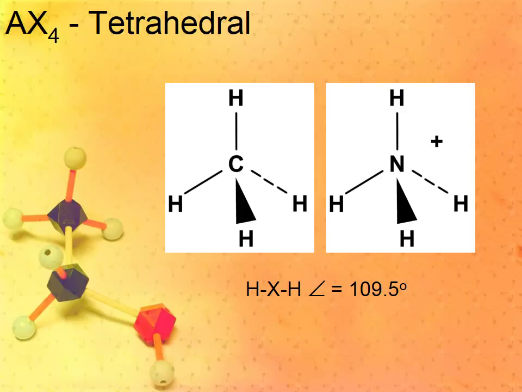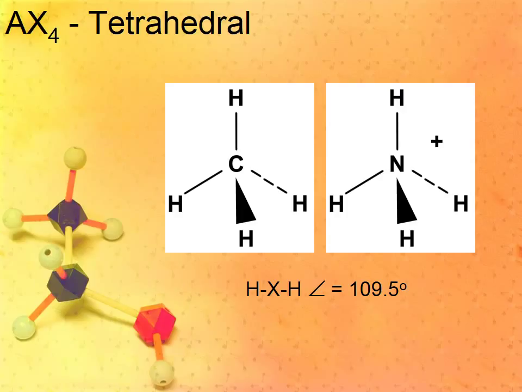So the way you need to read this is when you see the solid lines, as in, let's, for example, look at the left. When you see the solid lines between the carbon and the hydrogen, that means that those bonds are in the plane of the screen or the paper.